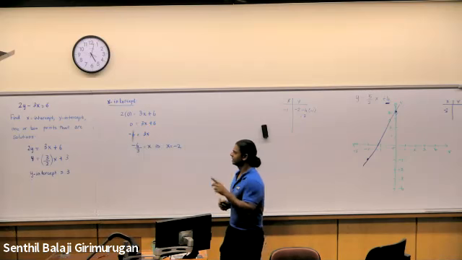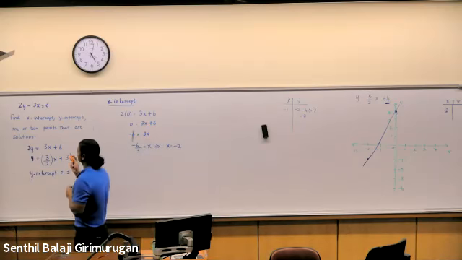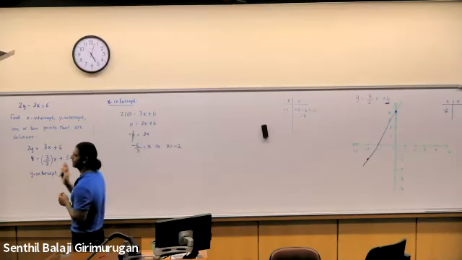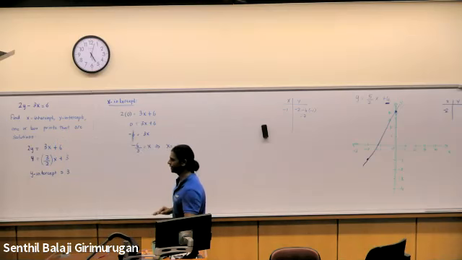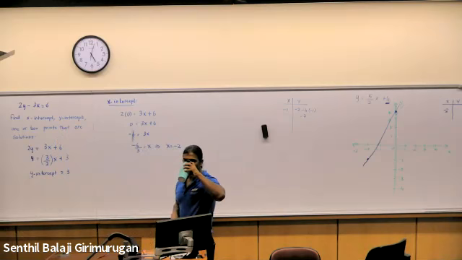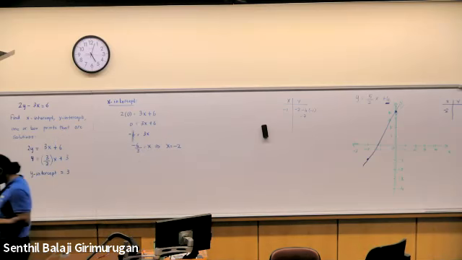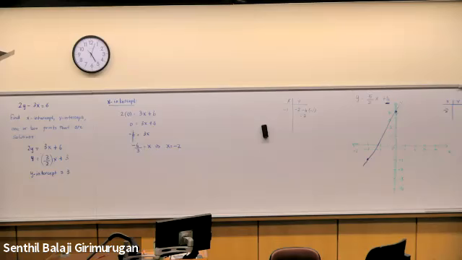Good. Now, they want you to find 1 or 2 points that are solutions to that particular equation. What do they mean by that? Coordinate pair, it's a point, but what are the points?